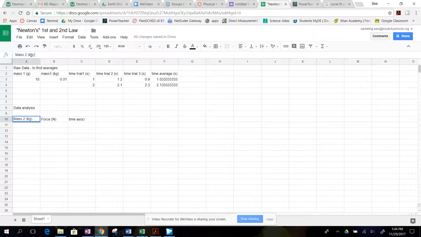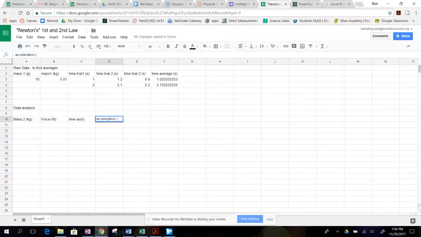Oh, I lied. Mass 1, you were just doing it in terms of number of blocks, weren't you? Yeah. So in here, you could say mass 1 and then in parentheses, number of blocks. If you were a mass 1 group, then you can just do number of blocks because it doesn't matter that much for that. Time averages, and then we're going to have acceleration.